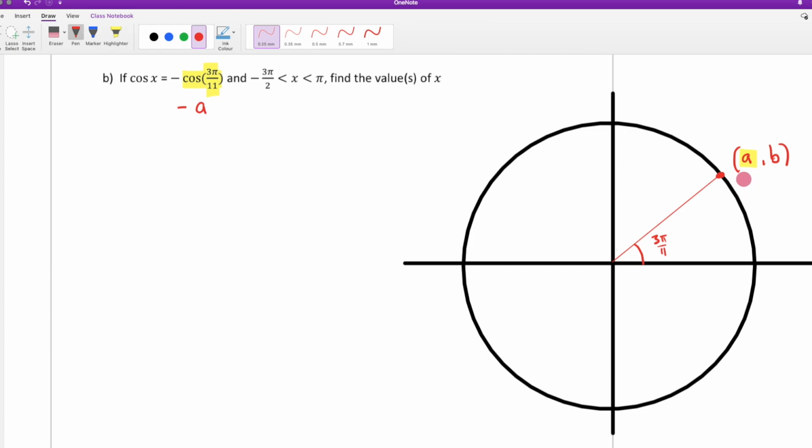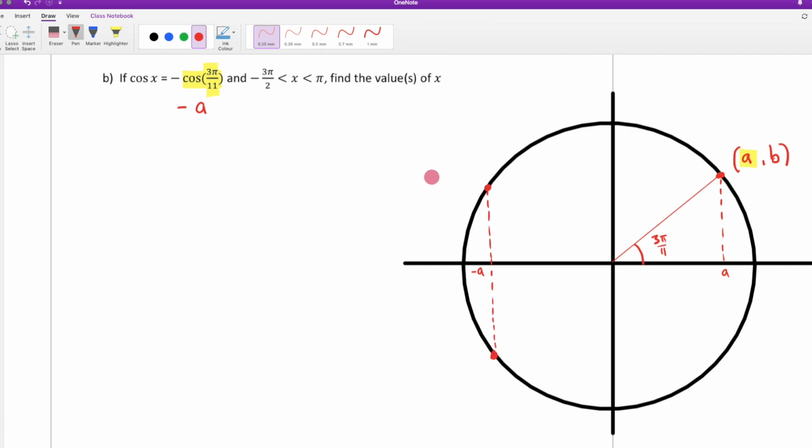So if this value down here is A right there, obviously negative A is going to be symmetrical to it. It's just going to be over here, so over here, that's going to be negative A. And we could keep on drawing down and get to this point as well on my unit circle.